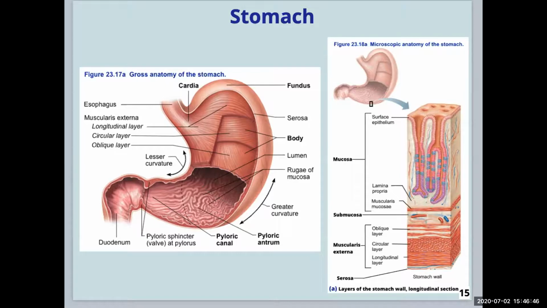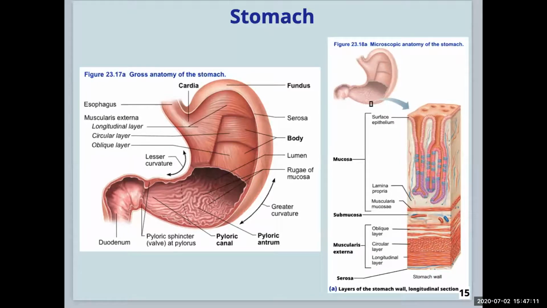So starch can start to break down in your mouth. And then proteins don't begin their breakdown until they reach your stomach, where the pepsin begins the breakdown of proteins. And then the fat isn't going to be broken down until it reaches the small intestine.